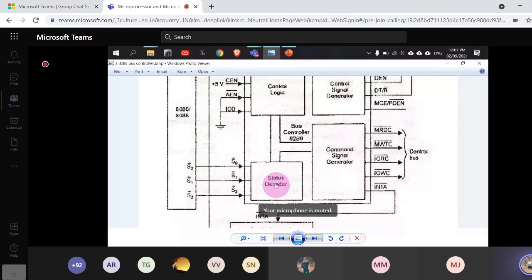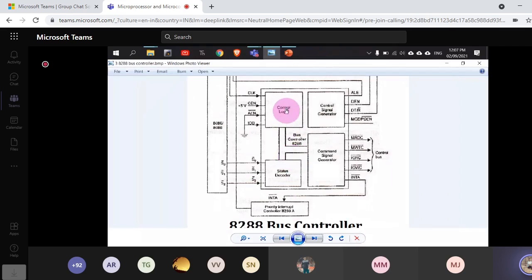And then this status decoder is connected to the control logic, command signal generator and control signal generator. So these are separate sub-integrated circuits. We are not going into the details of how they are made and what they do, but as you can see from their outputs, this command signal generator will generate the control bus signals, that is memory read, memory write, input output read, input output write and interrupt.